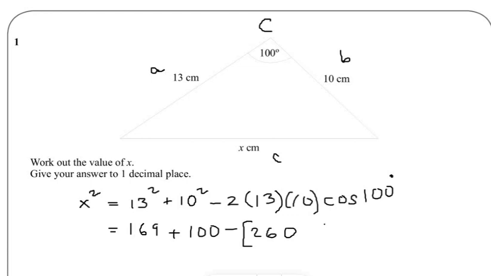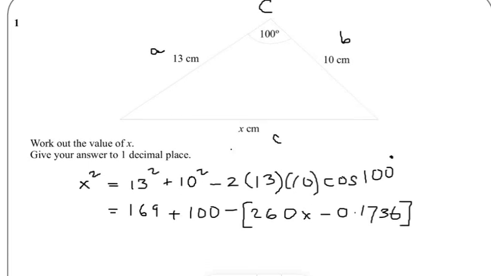And on your calculator, find out the value of cos 100. That is negative 0.1736. And we close the bracket.